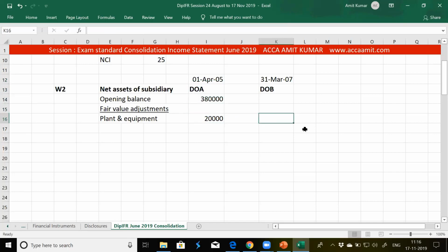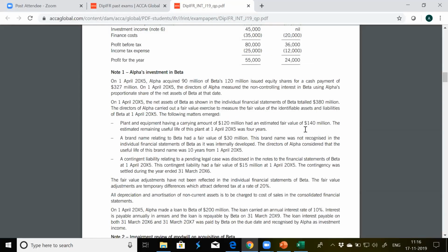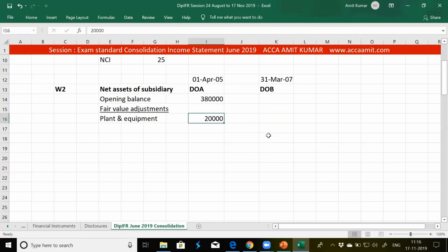What will be the value on date of balance sheet? If it has a useful life of 4 years, there's an increase of 20,000, useful life of 4 years. What will be the balance on 31st March 2007?